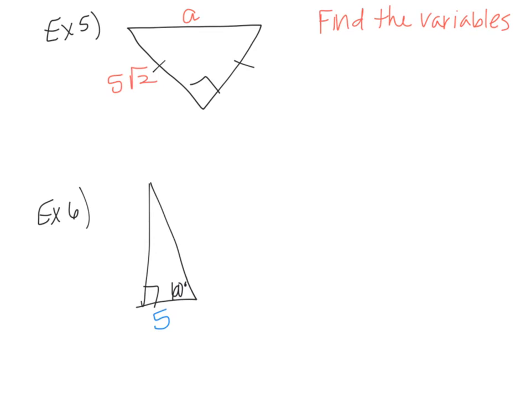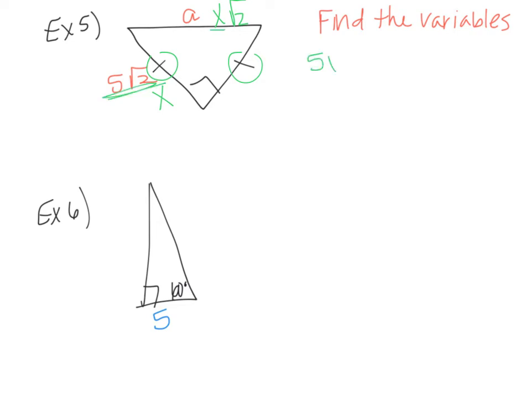Next example, this time I have a side length that I'm given. This is a 45, 45, 90 because the sides are congruent, and I'm trying to find the hypotenuse. So I know that x is 5 square root 2, and the hypotenuse is x square root 2. So I'm going to plug this in for x.